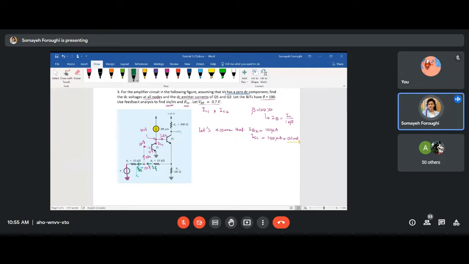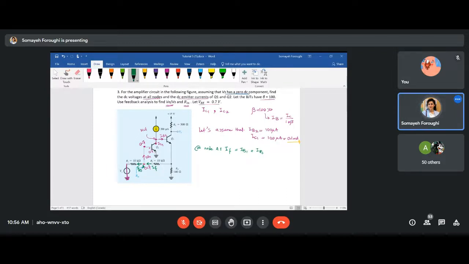So if I write a KCL, name this node A. At node A, you can say that IF is entering the node while IB1 and I'm going to name it IRS, IRS are exiting the node.